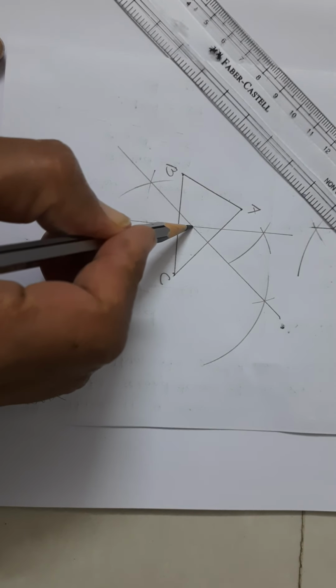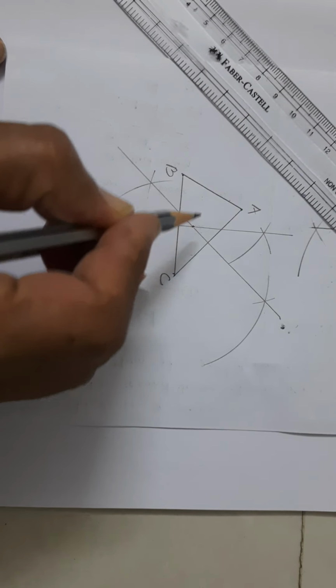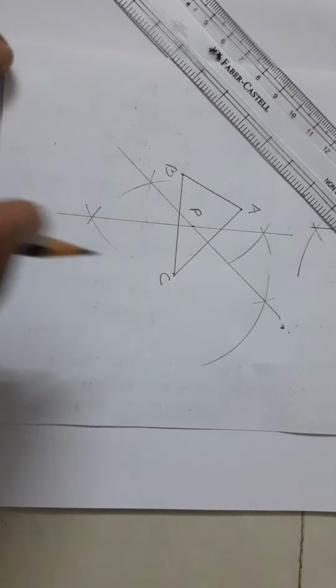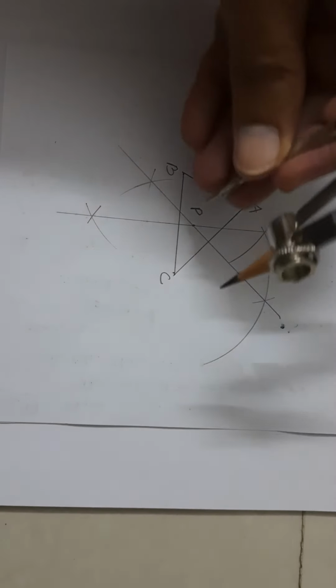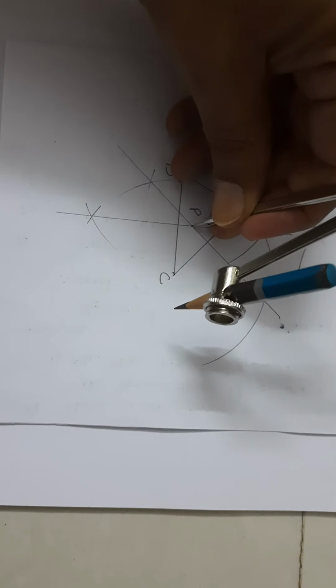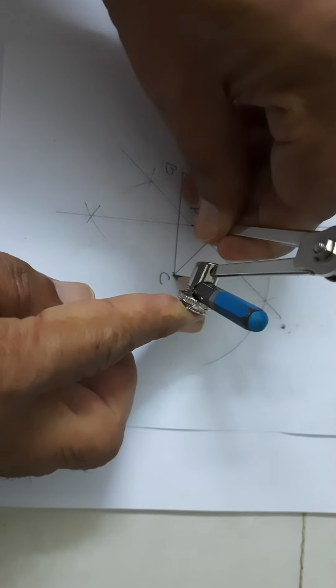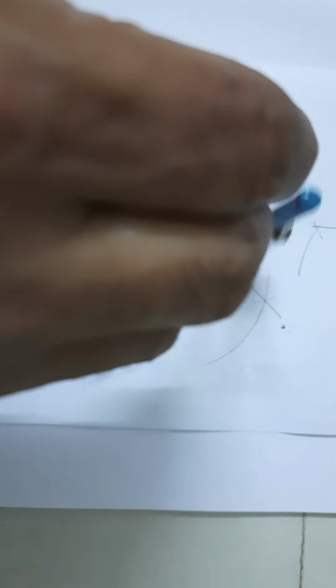This is the point that we get. This point is specifically denoted by P. It is known as the circumcenter. Now see, we are drawing a circle through ABC. This is how a circle through ABC is drawn.